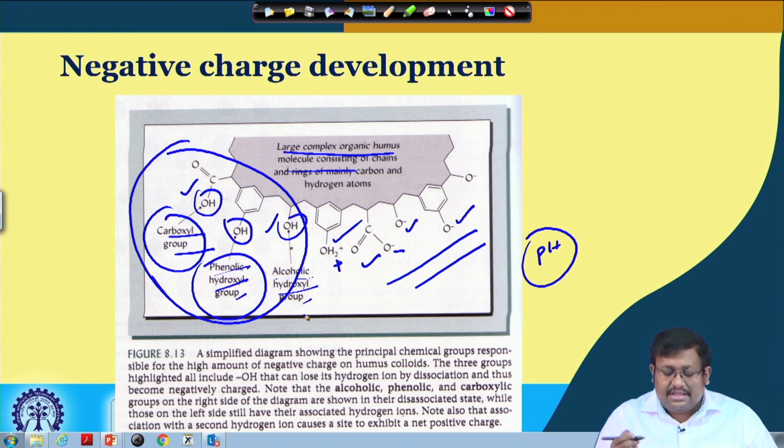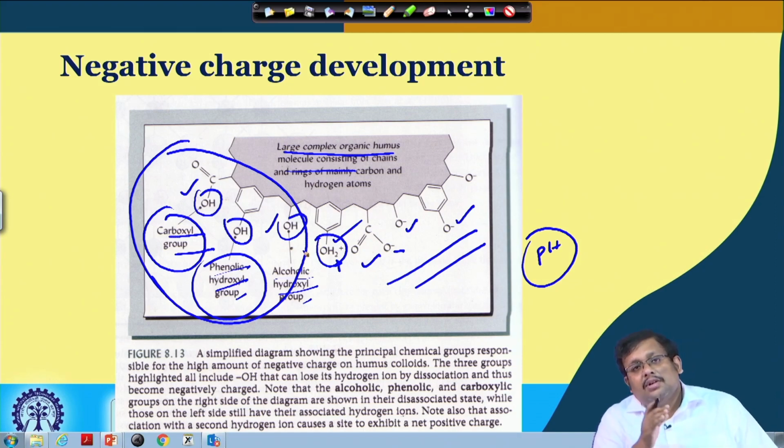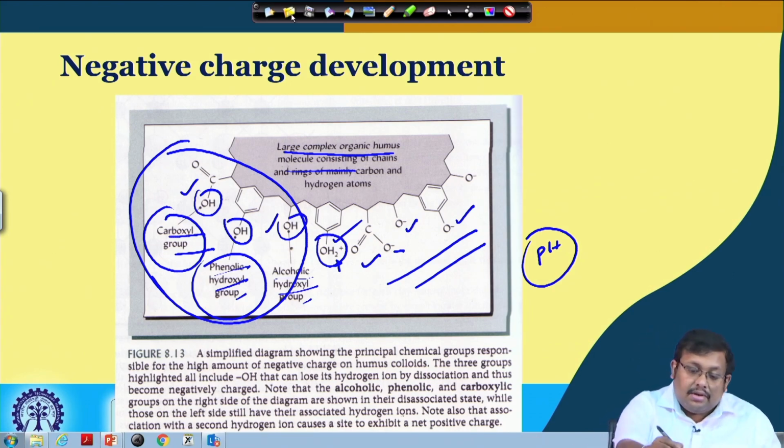Association of the second hydrogen ions, as you can see here, can also produce a net positive charge. This is why the charge which is developed in the soil organic matter is known as the variable charge. It is not a structural charge.